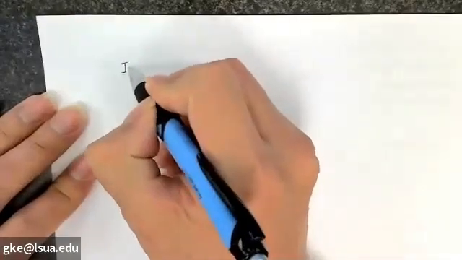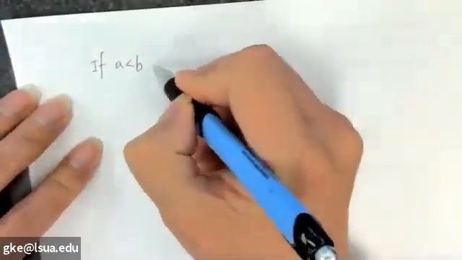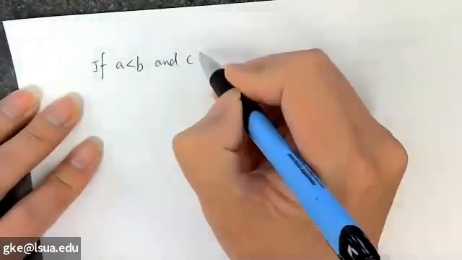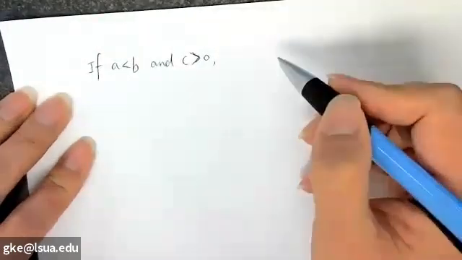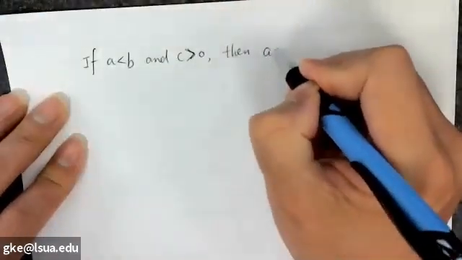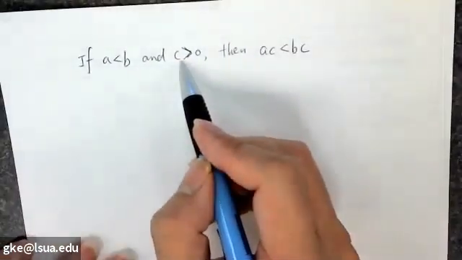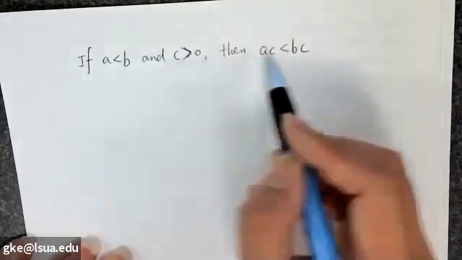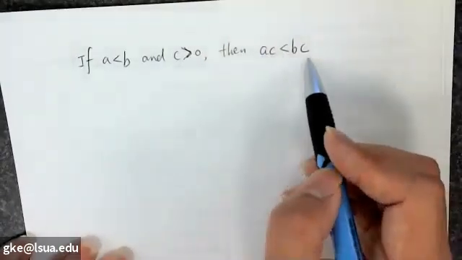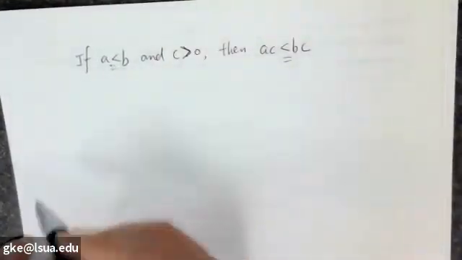So, if A is less than B and C is greater than 0, then we have A times C less than BC. If C is positive, then if we multiply both sides by C, we will not change the sign.